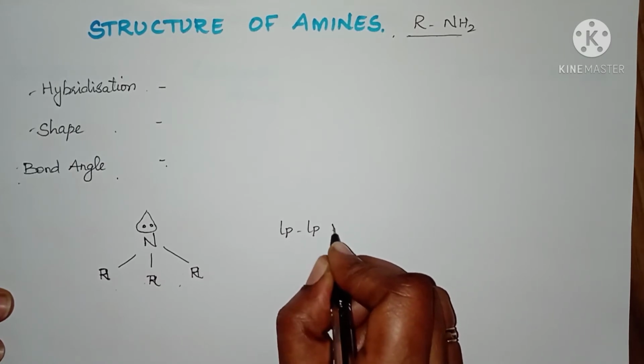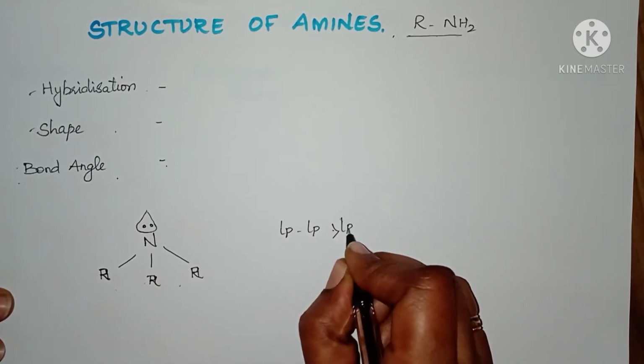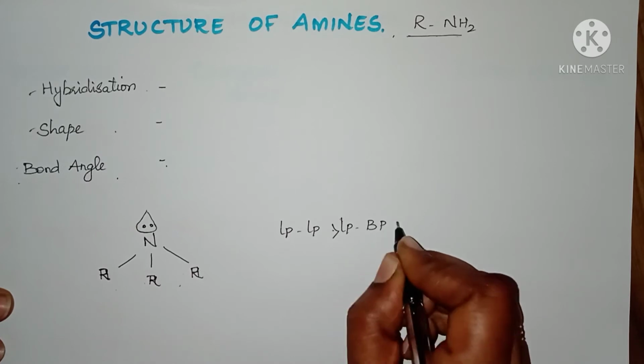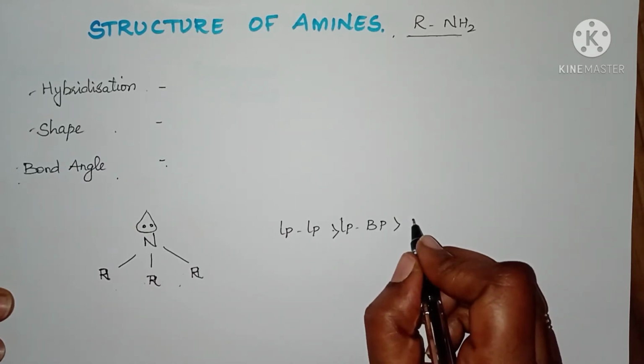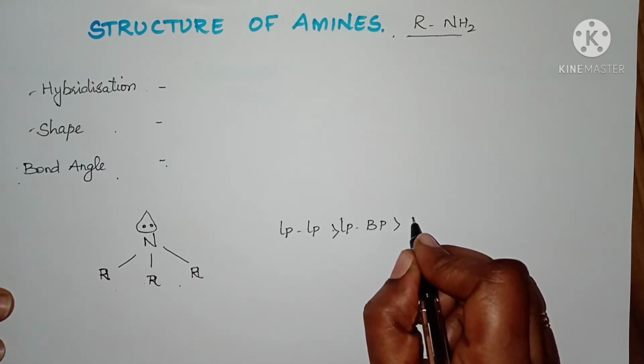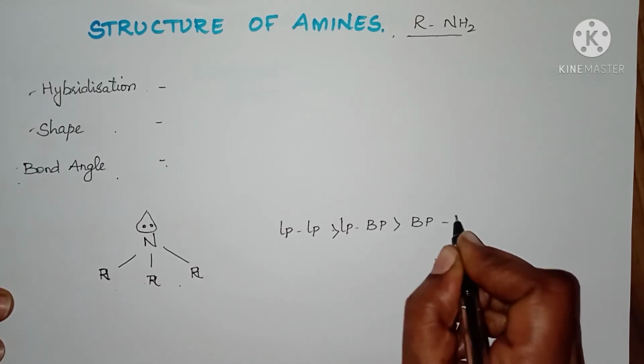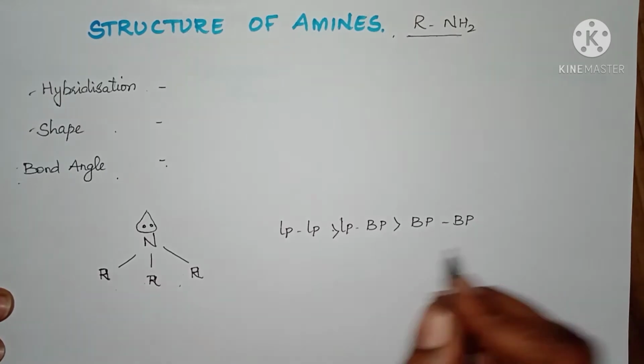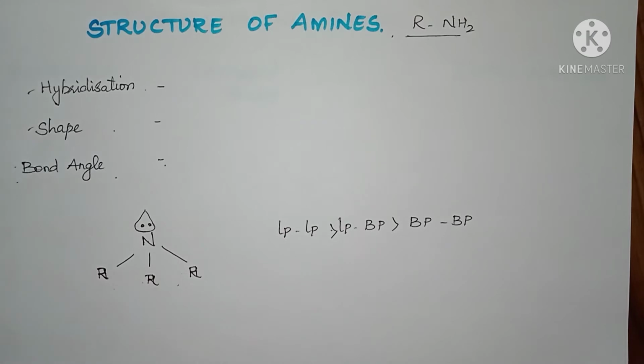Next one, lone pair, bond pair. Next one, bond pair, bond pair. So this is according to VSEPR theory, how the repulsive force among the different electron pairs is ordered.